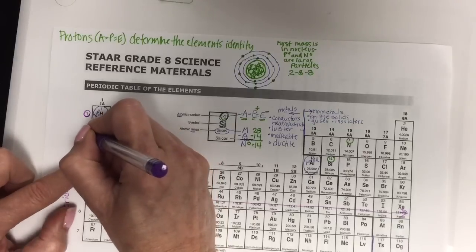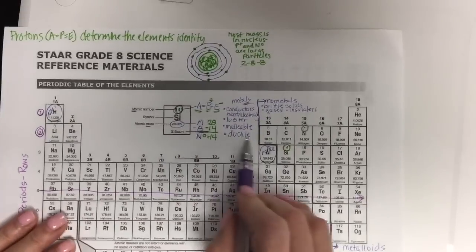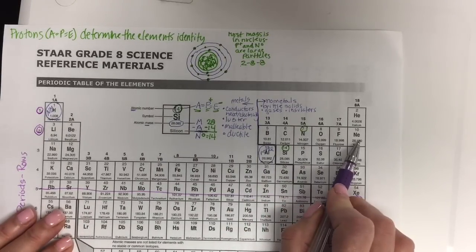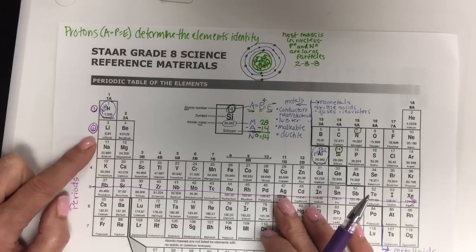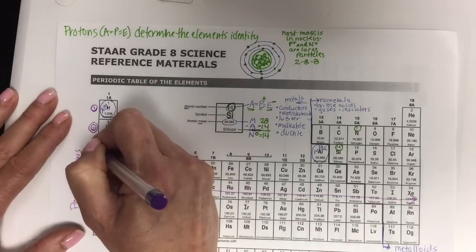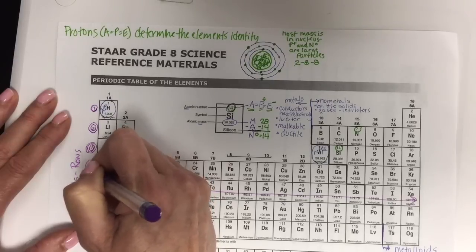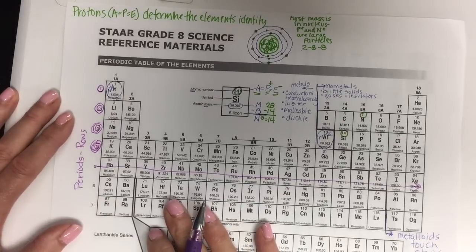Row 2 has 2 energy levels. So every element in row 2, lithium, beryllium, boron, carbon, nitrogen, oxygen, fluorine, and neon, all have 2 energy levels in their electron cloud, right, outside the nucleus. And it continues that way. So row 3 has 3, 4 has 4, and so forth and so on for each one of these rows.